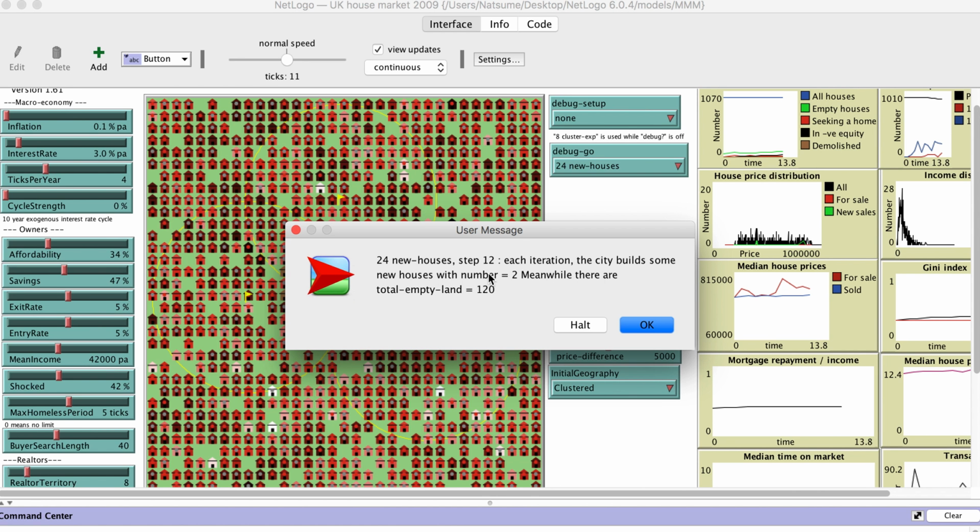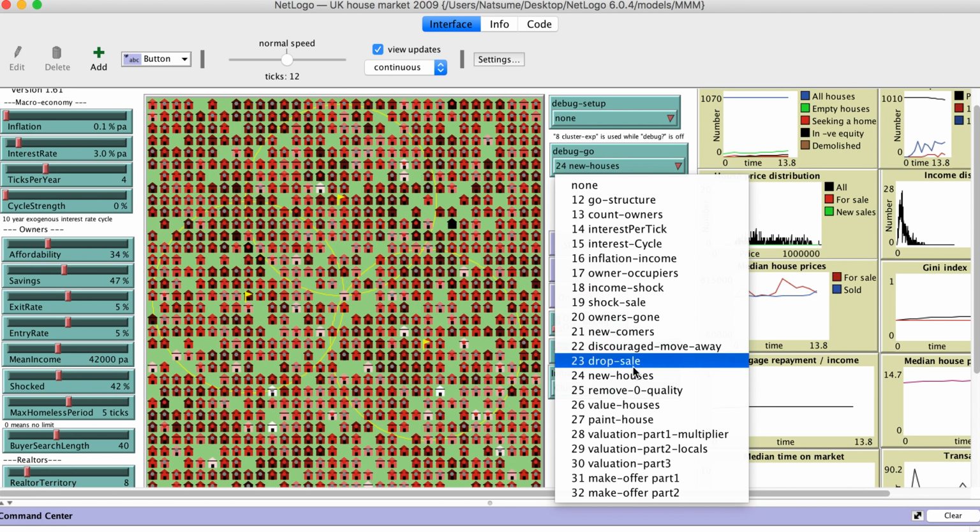According to that ratio and the current total houses, the number of new houses we will build is 2. And then we need the empty land to put those houses on. The number of those lands is 120, so that's enough. So that's okay.